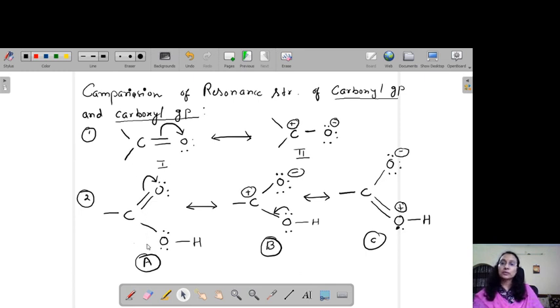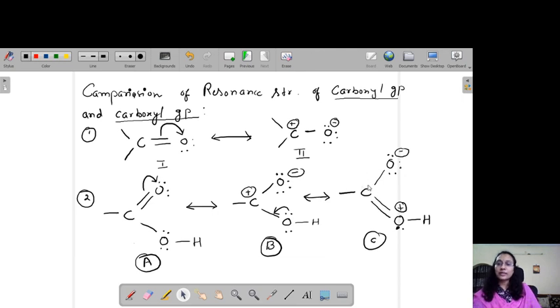What are those? In structure A and C, we can see that the oxygen atoms have 8 electrons in their respective valence shell, whereas in structure B, the carbon has only 6 electrons. Okay, therefore structure B is less stable than structure C.